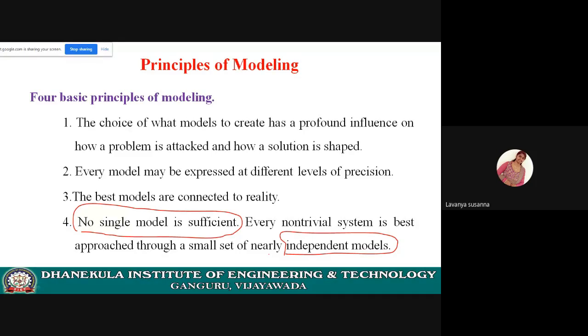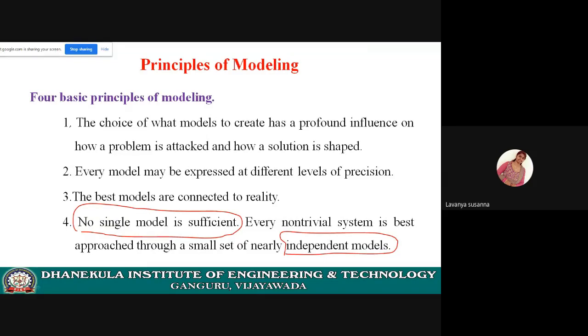In the same way, for a software system, there will be different independent models which express different elements of the software. If you combine all these independent models, you will get the model for the whole system, which represents the whole complex system. I hope you understood. These are the four basic principles of modeling.